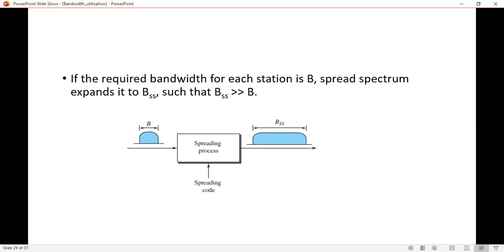In the diagram, say B is the bandwidth required to send the original code. After the spreading process, the original code is combined with the spreading code to utilize a bandwidth greater than the original bandwidth, that is BSS.